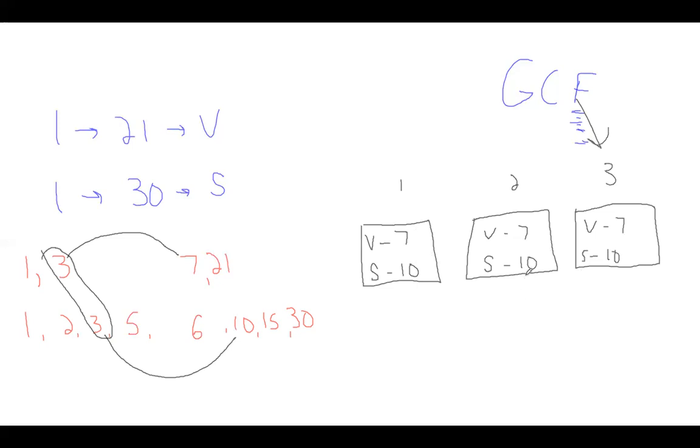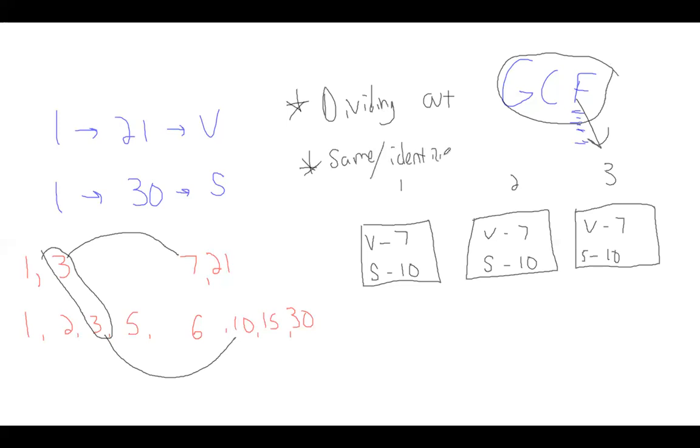But the hardest part of the problem is figuring out what tool in my toolbox do I have to use? It's greatest common factor. When we talk about dividing things out into identical or packages that are the same, right? So you might want to write that down in your section about greatest common factor, right? We're dividing out, or if we're making same, identical packages of some kind, it's going to be a greatest common factor problem.